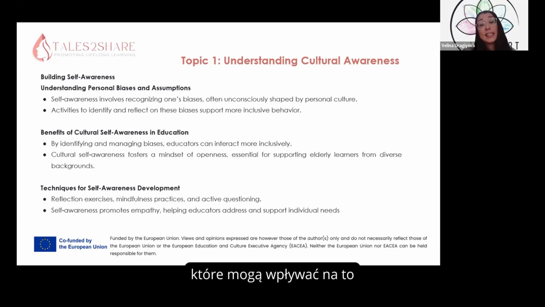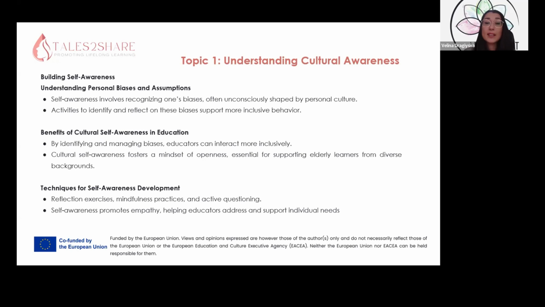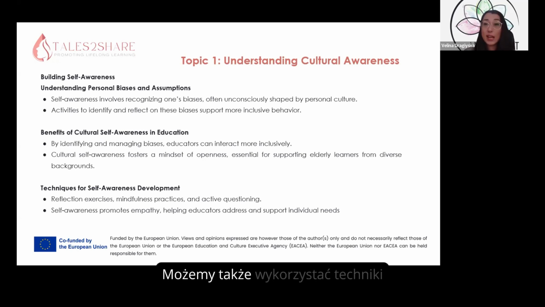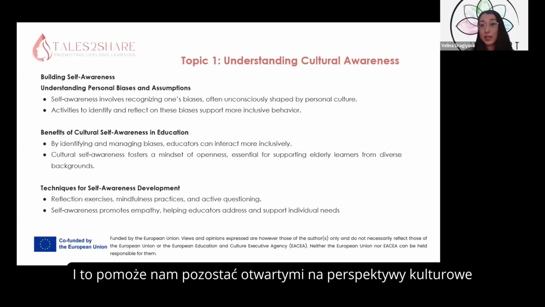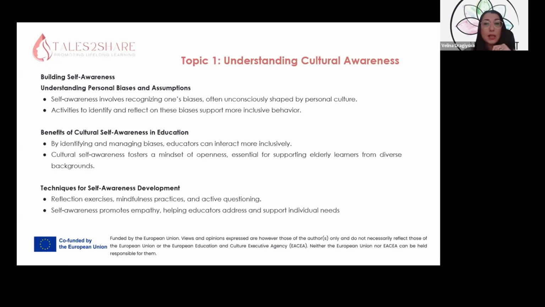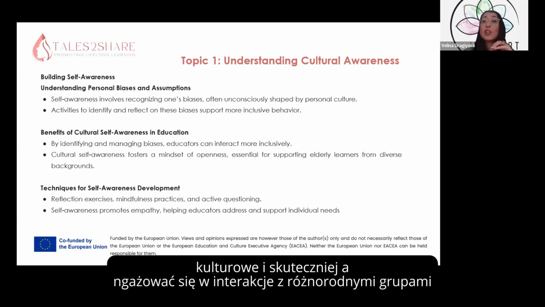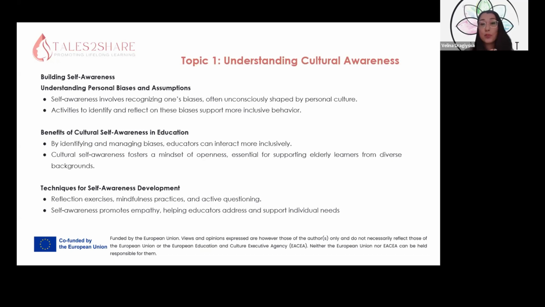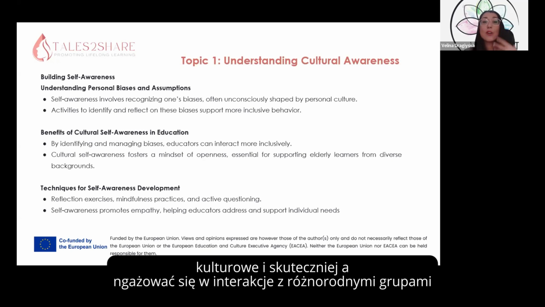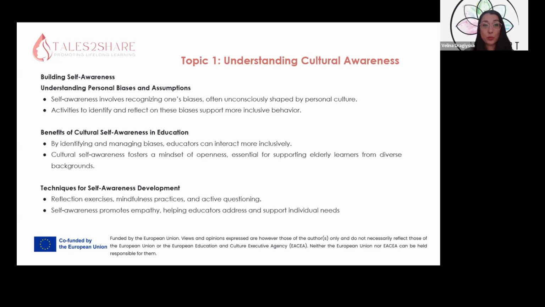Then we can identify potential biases that may affect how we interact with others. We can also use techniques like journaling, mindfulness, and active questioning to increase our self-awareness. This will help us remain open to cultural perspectives and engage more effectively with diverse groups.